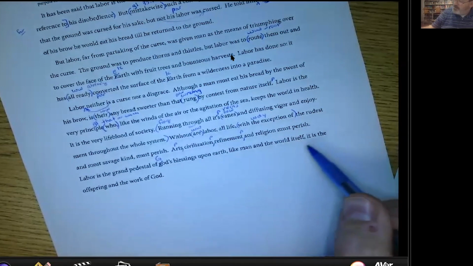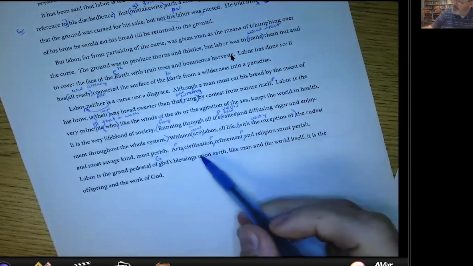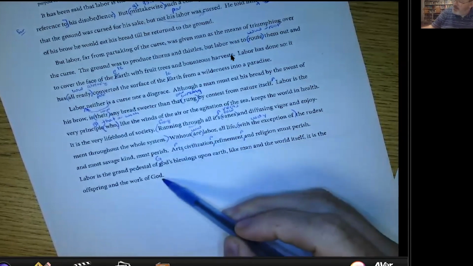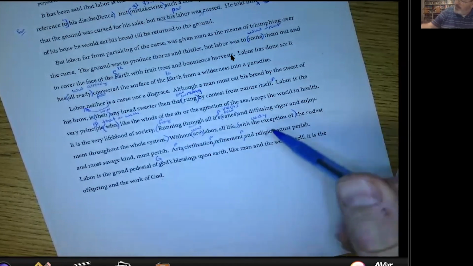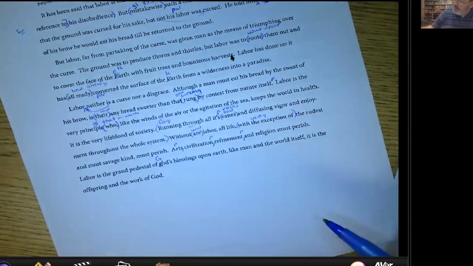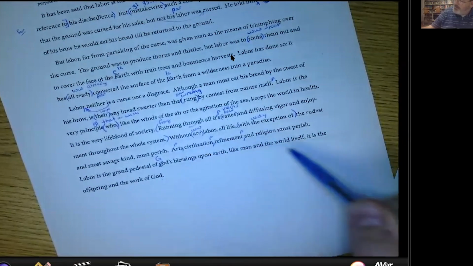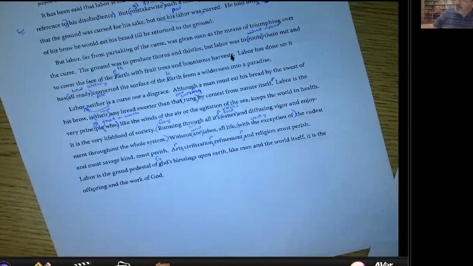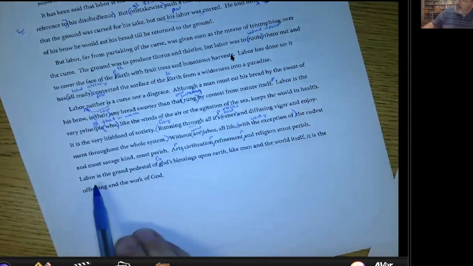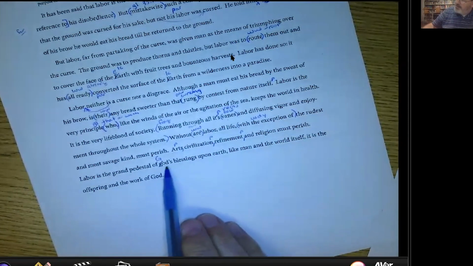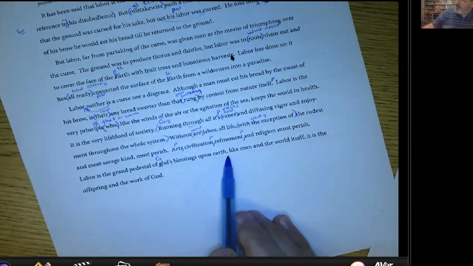So that's two sentences jammed together with a comma, isn't it? From here all the way to there, there's no period or question mark or exclamation point. So, I'm sorry, from here to there. But art, civilization, refinement, and religion must perish, period. Okay, well, there's a period there. Maybe I'm wrong. Labor is the grand pedestal of God's blessing upon earth.